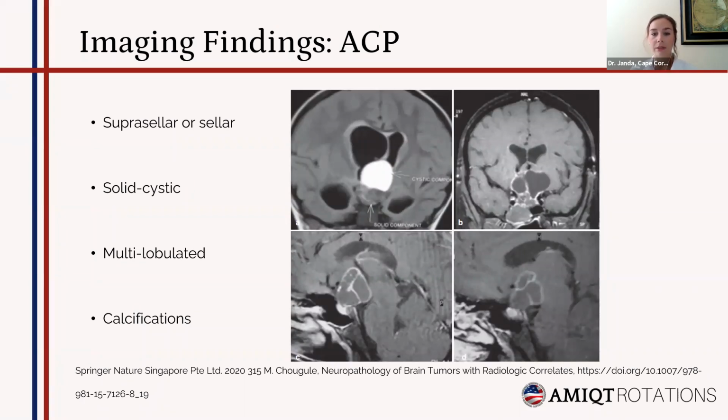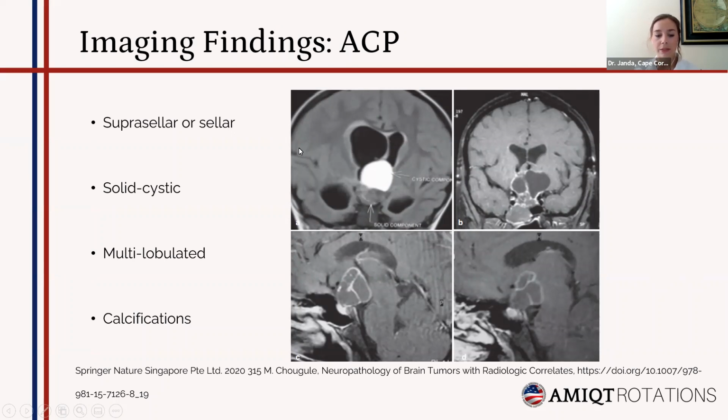It has solid and cystic components, which provides a multi-lobulated appearance. On the upper left picture, right here, you can see an MRI FLAIR sequence, and you can see the cystic and the solid component in a suprasellar location, and it's causing obstructive hydrocephalus.